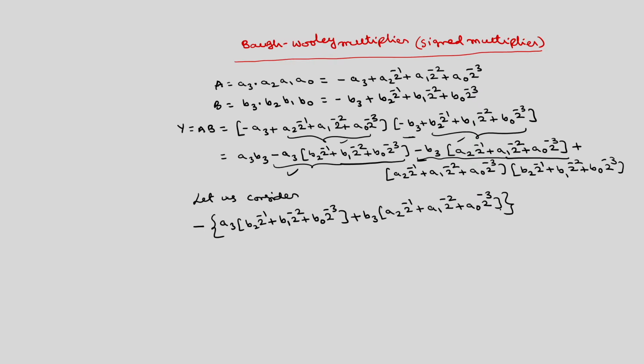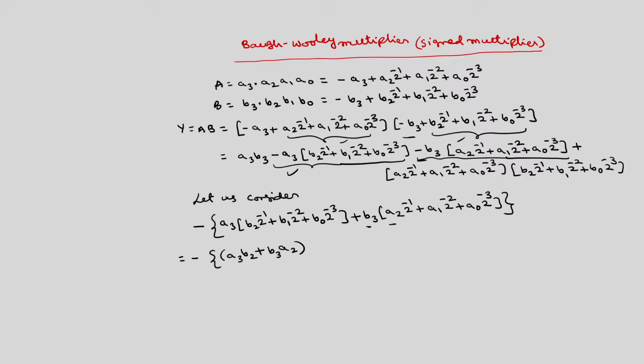Here I am going to use some trick. So, this is equal to minus sign. First I will multiply as it is. What are the coefficients of 2 raised to the power of minus 1? It is a3 b2 plus b3 a2.